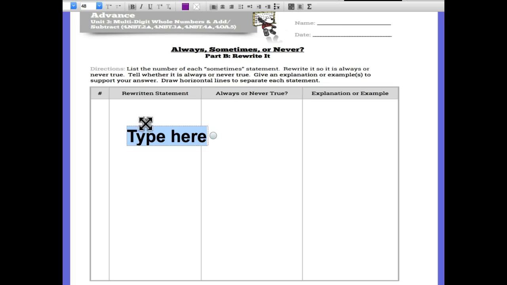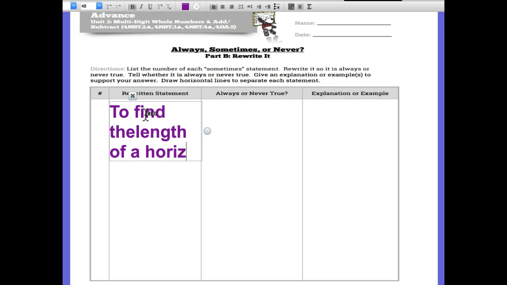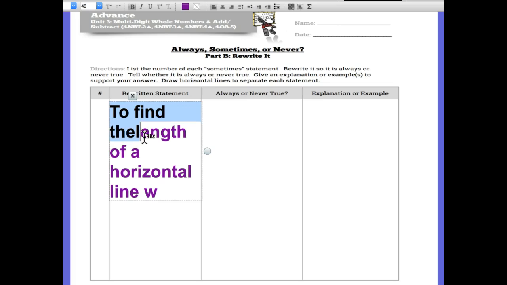Okay, so let's take a look at what a rewritten statement could look like. To find the length, not the value, of a horizontal line, you need to reduce the size too.